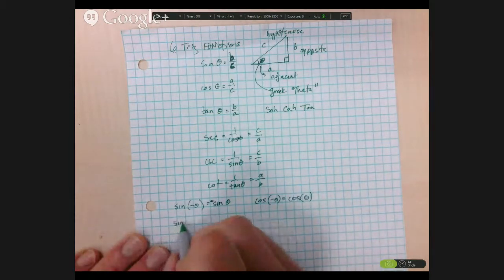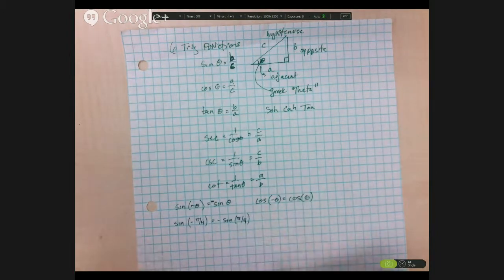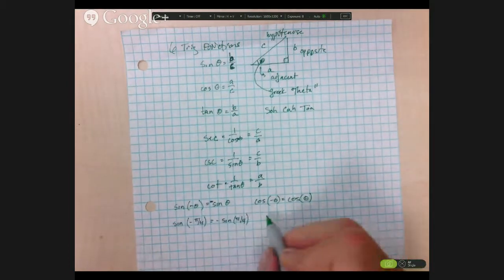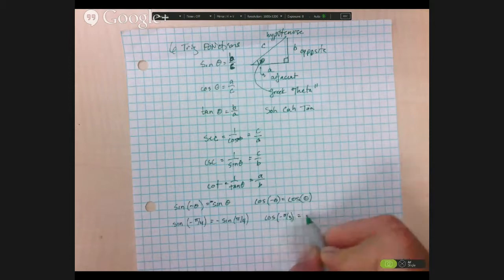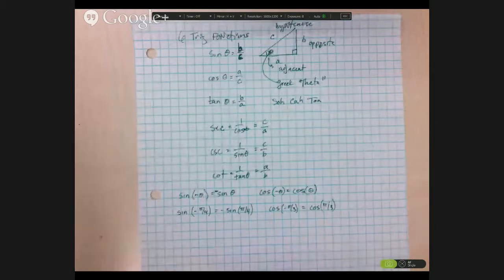So sine of negative pi over 4 equals the negative of sine of pi over 4. Cosine of negative pi over 3 is the same as the cosine of pi over 3. So just two small properties to look out for on that end.